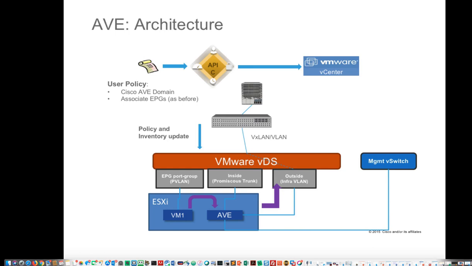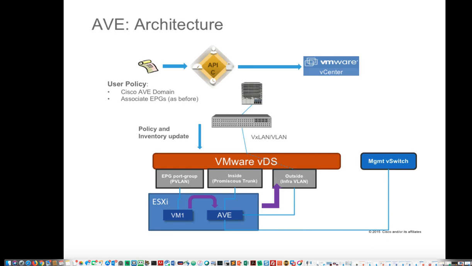The outside interface could carry a bunch of VLANs and also the infra VLAN, which means that you could configure this as a VXLAN switch only, or a combination of VXLAN and VLAN.